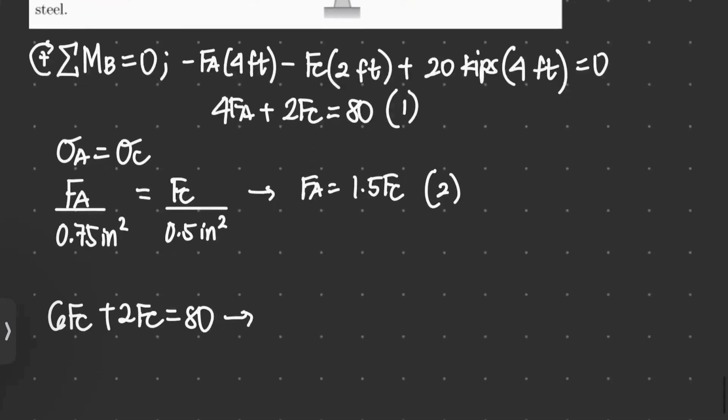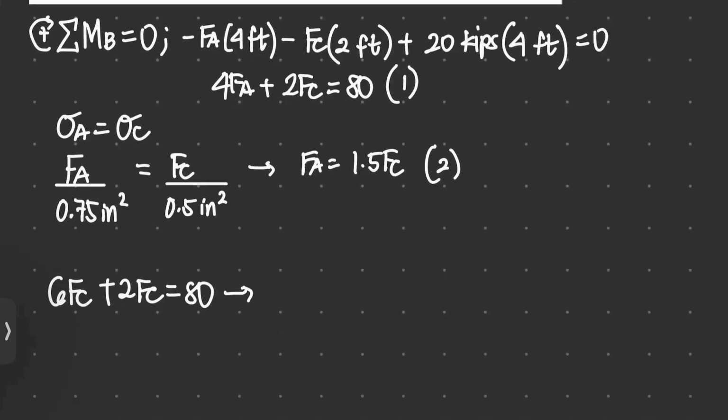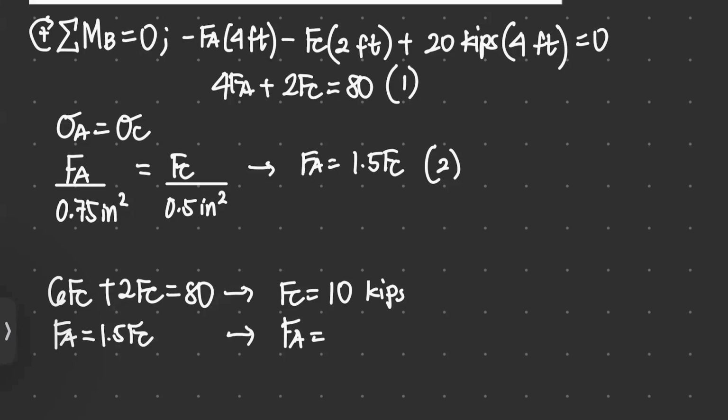This simplifies to 8 FC is equal to 80, where FC will become 10 kips. Therefore, our FA, where FA is equal to 1.5 FC, would just be 15 kips. So this satisfies both equations, and it's important to know this.